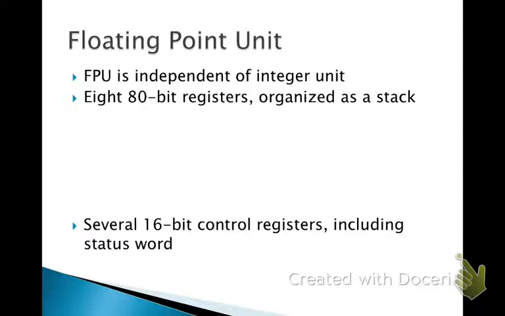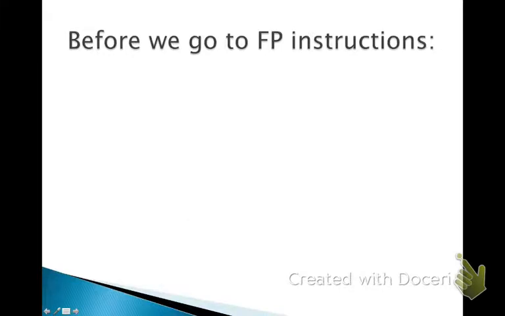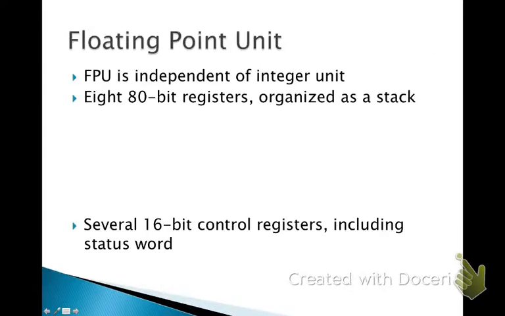Well, the floating point unit has 8 80-bit, or double precision, extended double precision registers organized as a stack. Let me just draw it this way. Organized as a stack and operates as a stack.